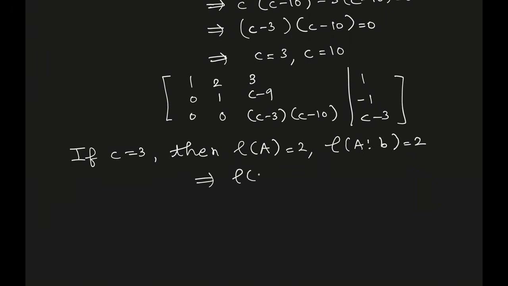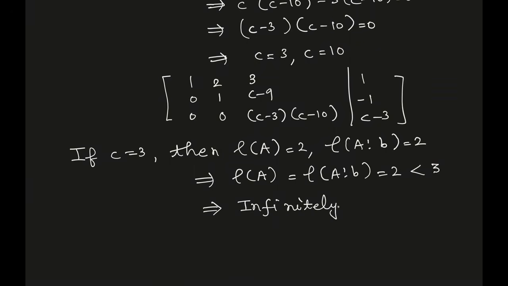This implies rank of A is equal to rank of the augmented matrix, which is less than 3, the number of variables. Means there will be infinitely many solutions. Means c cannot be 3. So c will be 10.